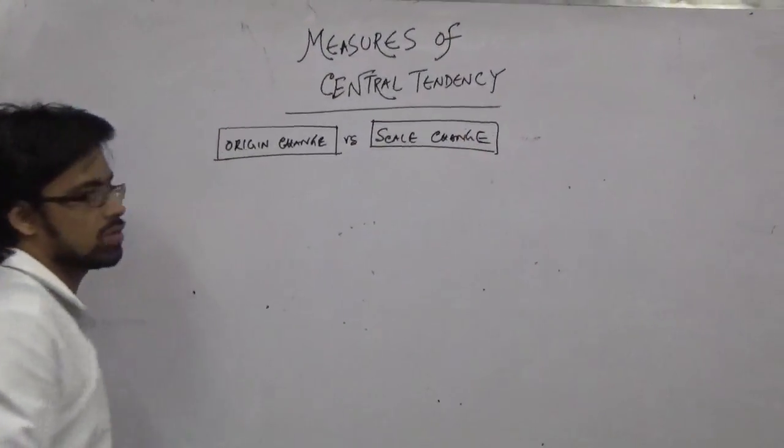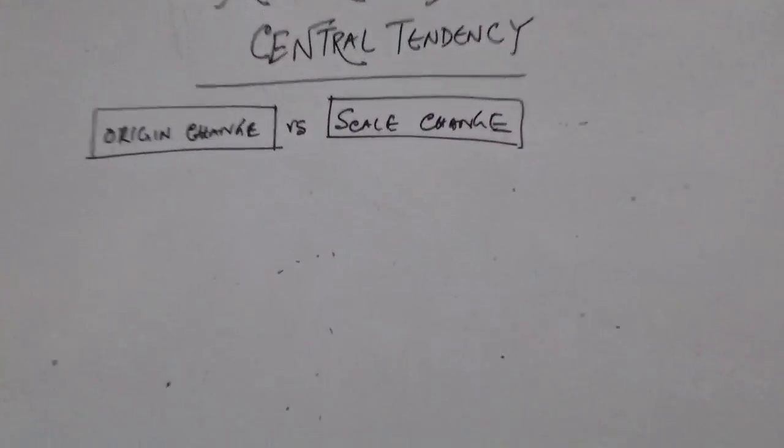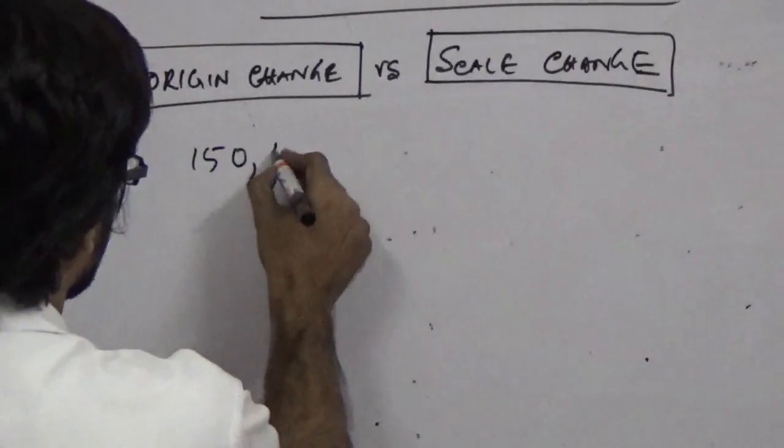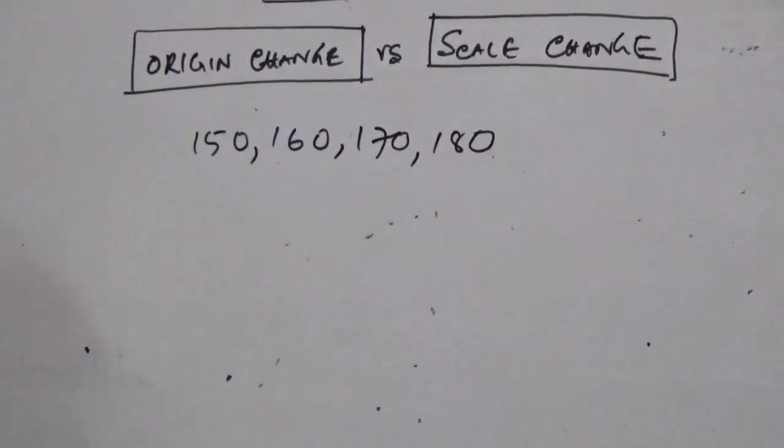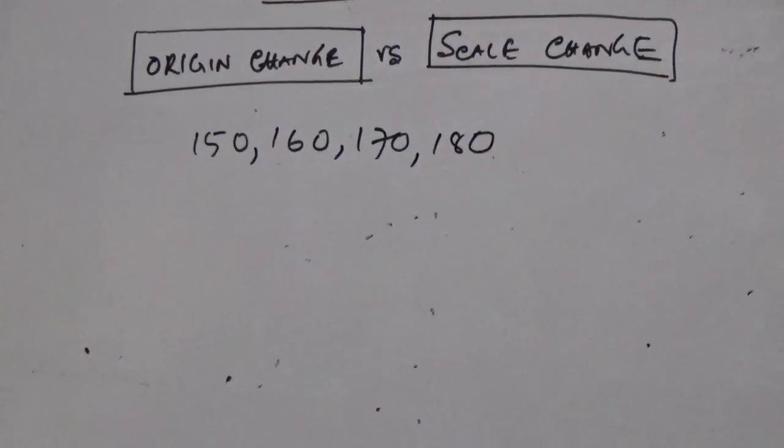What is origin change versus scale change? For example, the values are like 150, 160, 170, 180. If you subtract 160 from each value to make it small, it is called origin change. And if you divide by 10, it is called scale change.